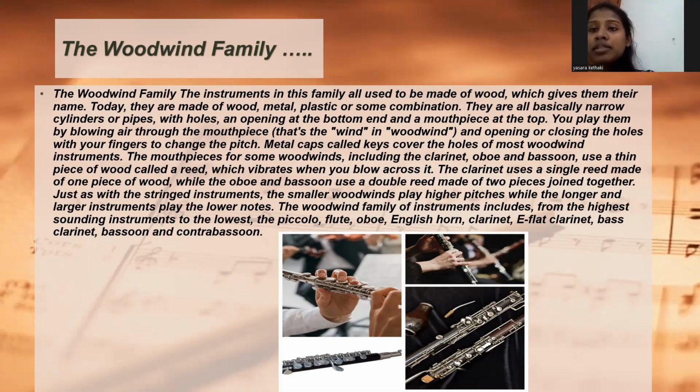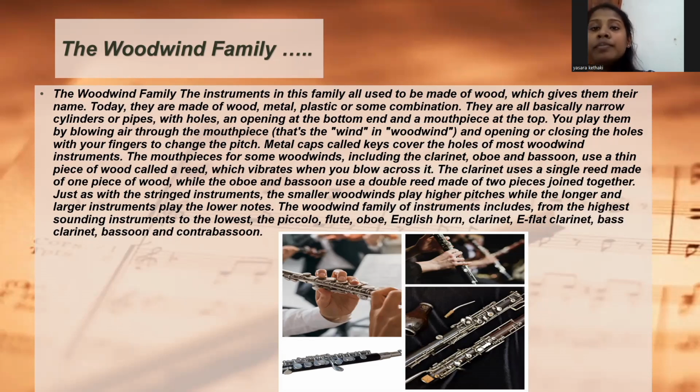The mouthpiece for some woodwinds, including the clarinet, oboe, and bassoon, uses a thin piece of wood called a reed, which vibrates when we blow across it. The clarinet uses a single reed made of one piece of wood, while the oboe and bassoon use a double reed made of two pieces.